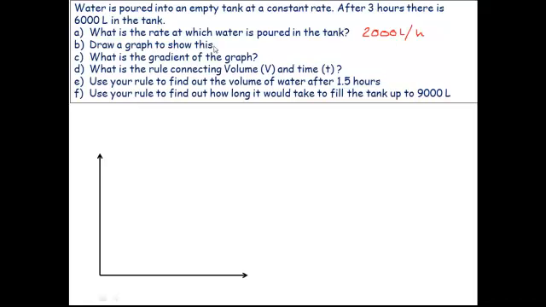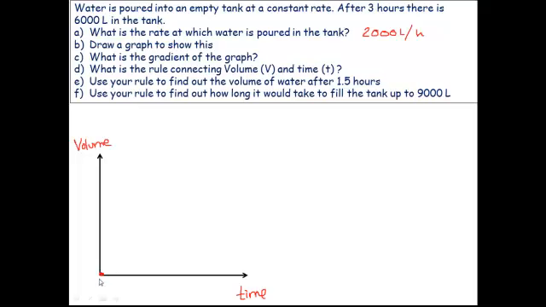Now, can we draw a graph to show this? So along the x-axis we're going to have time, and then what we're measuring along the y-axis is the volume of water in the tank. So we know that because it's in direct proportion, it's filling up at a constant rate. At 0 hours, we're not going to have any volume in the tank because we won't have started pouring it yet.